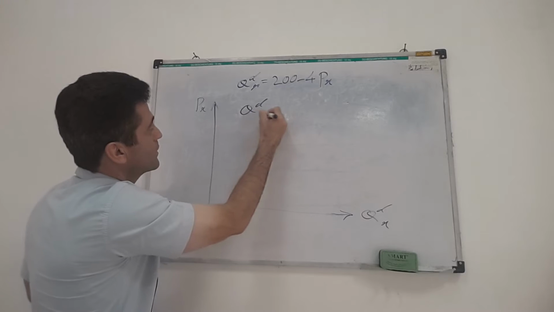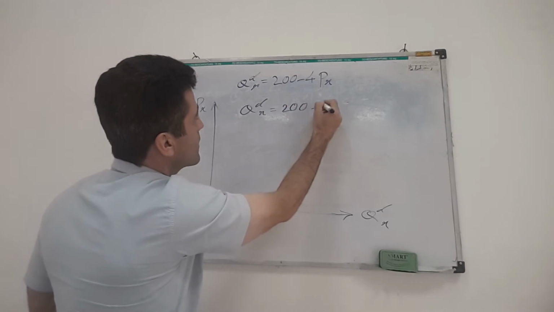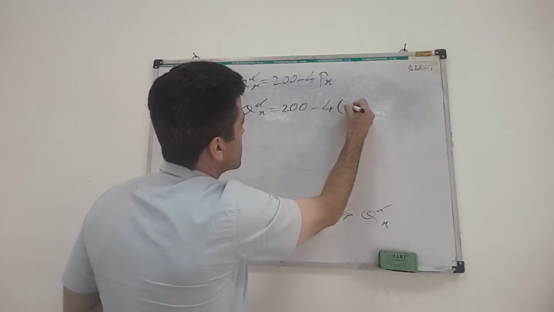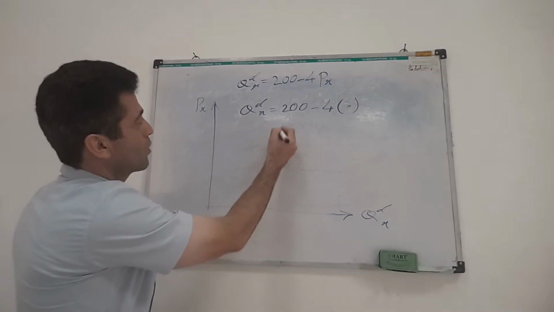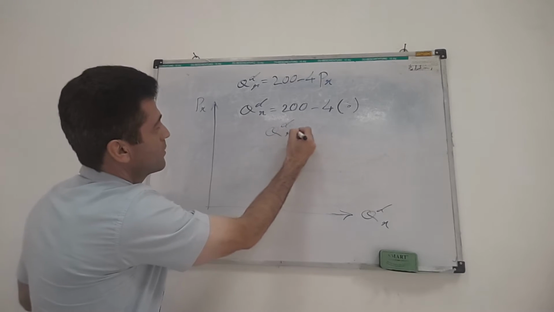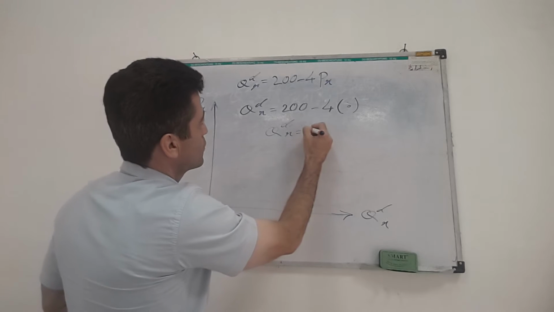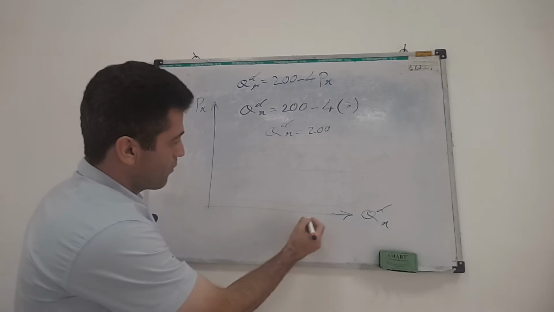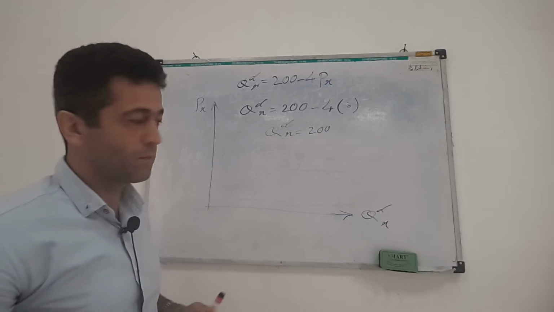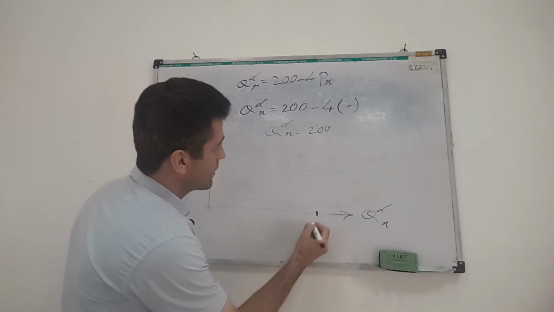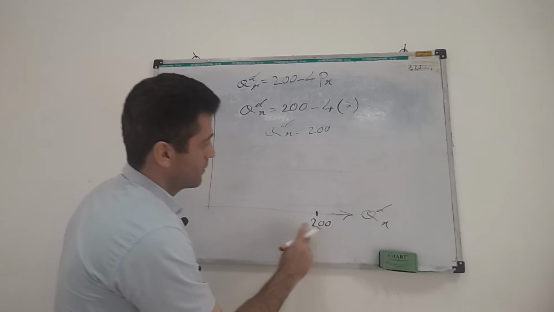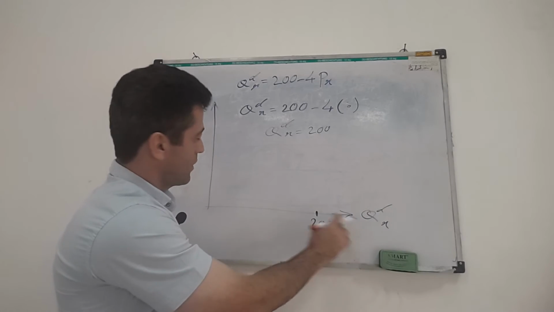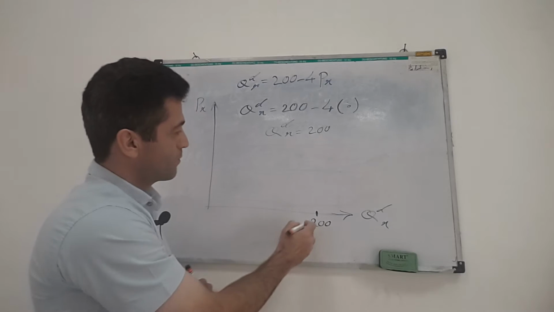Quantity demanded for X equals 200 minus 4 times 0. Quantity of demand will be 200. I show here 200. This is the intercept for the x-axis, for quantity of demand.